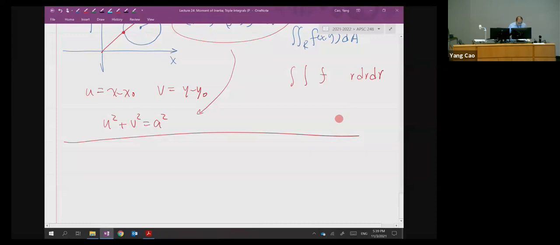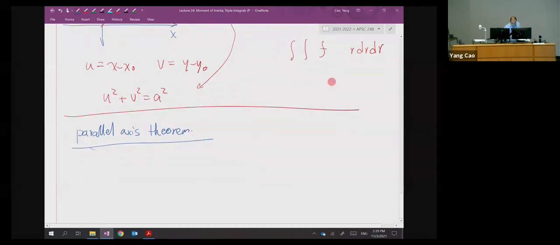Okay. But I wanted to touch upon one more theorem. I think it is kind of important, which you have learned. Let's think about the parallel axis theorem. Did you learn this in your dynamics course already?